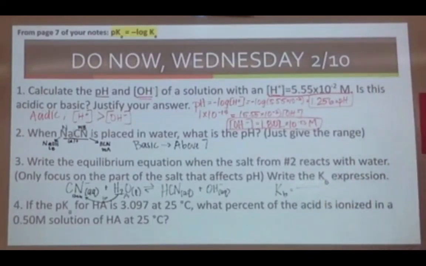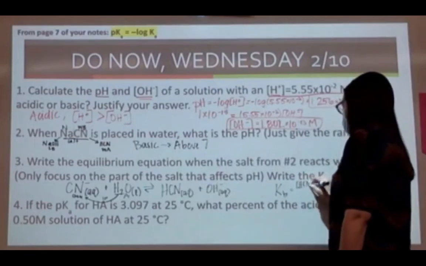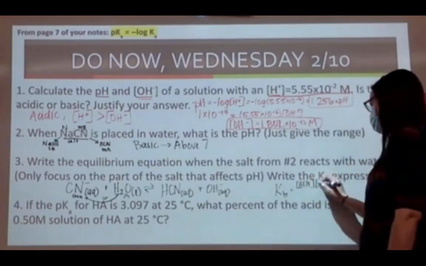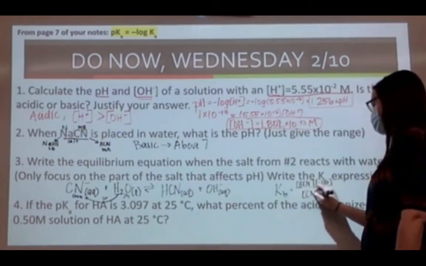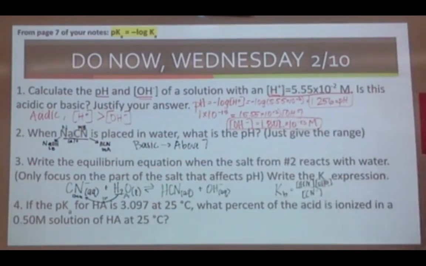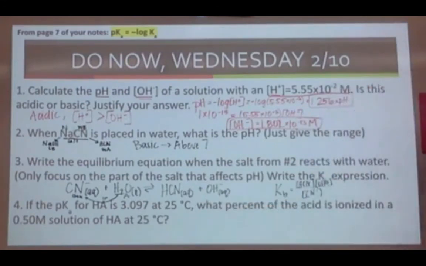Kb expressions are written just like Ka, just like Kc, just like Kp: products over reactants, you ignore solids and liquids. So the Kb expression is the concentration of HCN times the concentration of OH minus over the concentration of CN minus. Again, it's Kb because it's producing hydroxide.